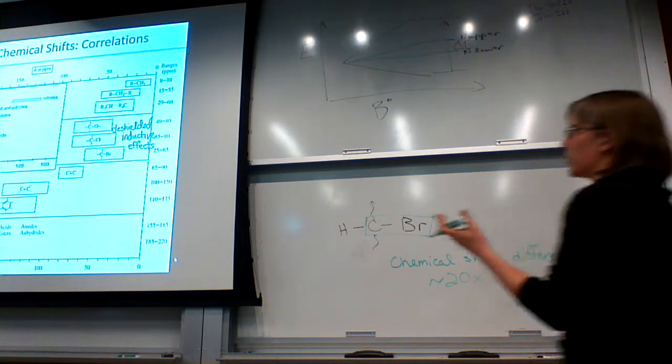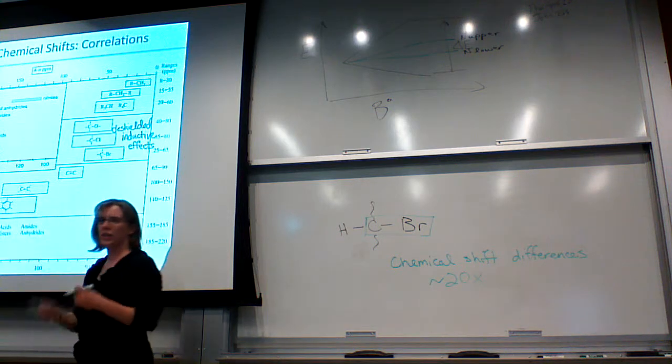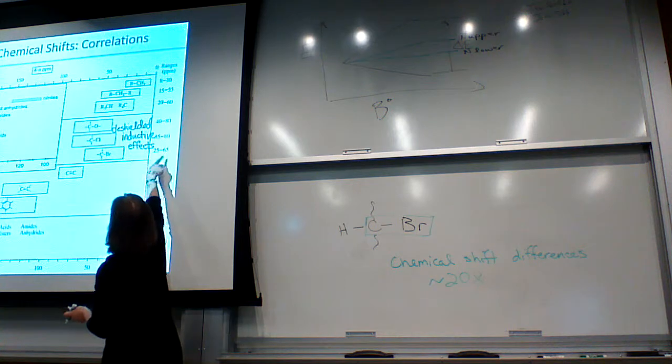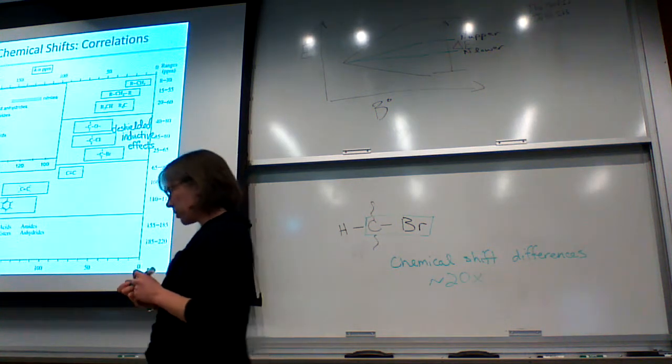So for a proton, if we were looking at a carbon bromine or carbon chlorine, we may think that's about 30 to 50. Here we're looking at somewhere between 30 and 80 or 30 and 60. So it's a much stronger effect.